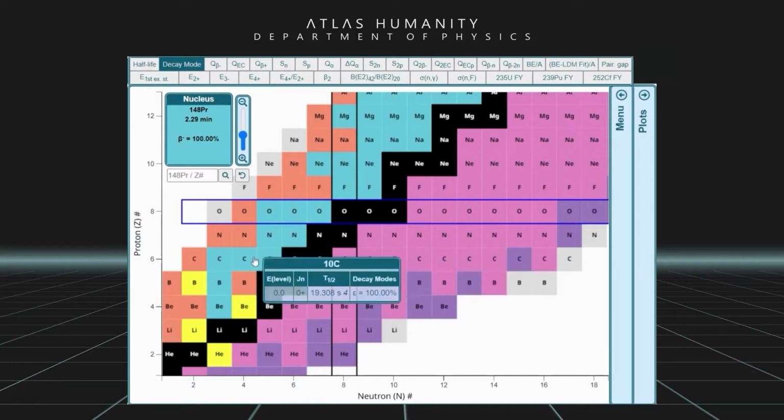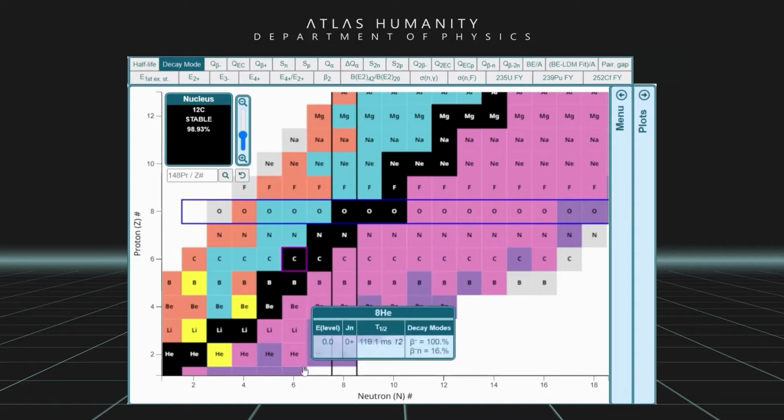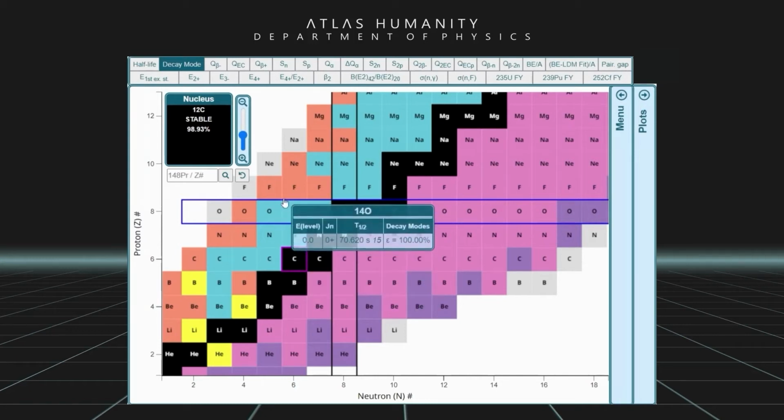We may have, for example, carbon-12, which has 6 protons and 6 neutrons. This is the most famous isotope of carbon. It is always carbon, right? Carbon-12, 6 protons, 6 neutrons, is a stable element, as you can read here on the top left.